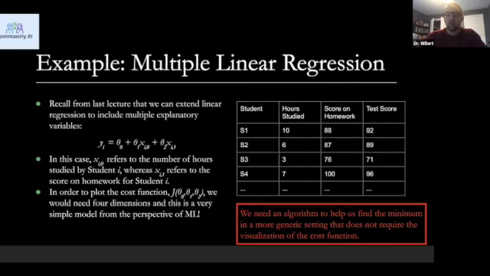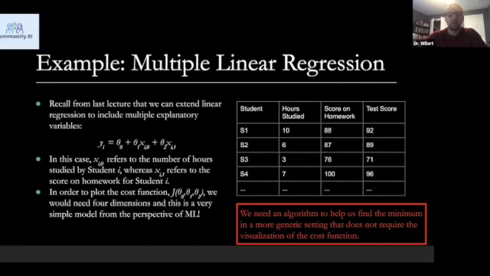In general, maybe when you study more, you get a better test score, and when you do better on the homework, you get a better test score. So just to reiterate, x sub i 0 refers to the number of hours that student i studied for the test. So that's student i, and x0 refers to the first feature, hours studied, and x sub i 1 refers to the score on homework for student i.